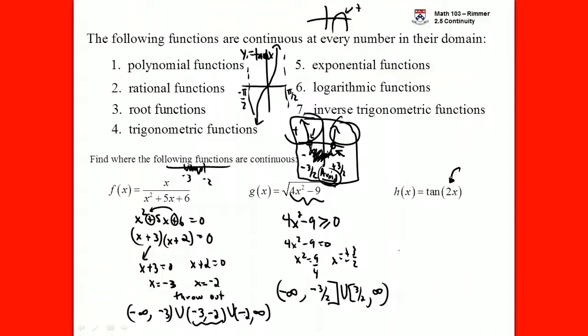But if I multiply by 2, instead of stretching in the x, this will accomplish basically a compression in the x direction. It makes the period smaller. Okay, this 2 will make the period smaller. It's an x direction compression. It makes the period smaller by a factor of 2.